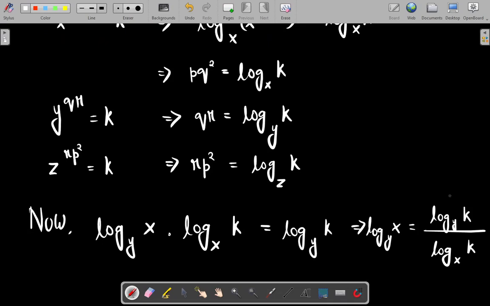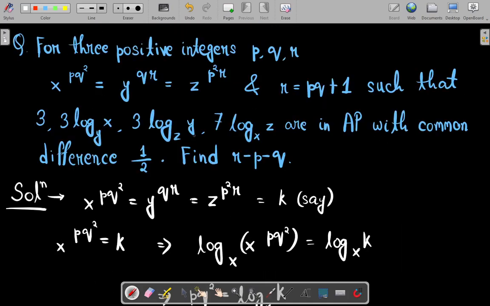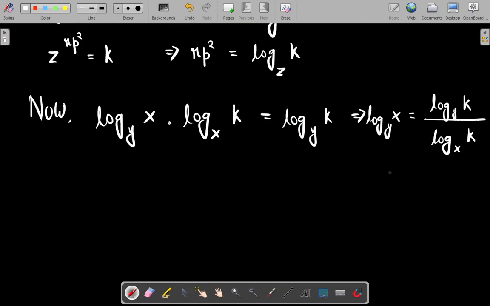So from here, can we substitute some terms from these three equations? I am deducing this because we are given 3 log x base y, 3 log y base z, and 7 log z base x. So I'm trying to deduce this expression in terms of p, q, r. Okay, so we get log x base y.